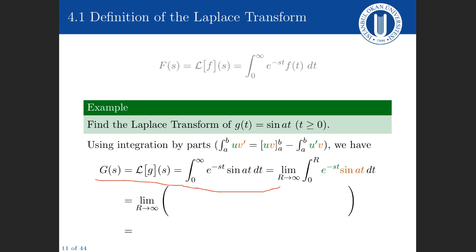Capital G of s, or the Laplace transform of small g, is the integral from 0 to infinity of e to the minus st sin(at) dt. And of course, an integral from 0 to infinity really means the limit of an integral from 0 to R.